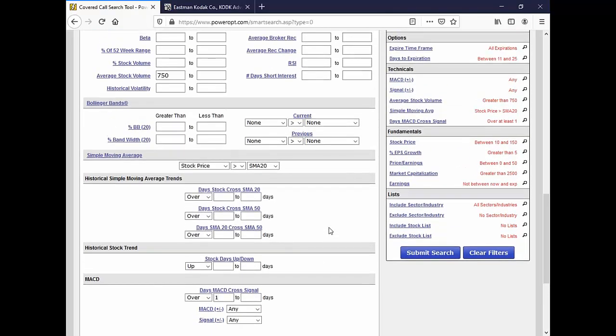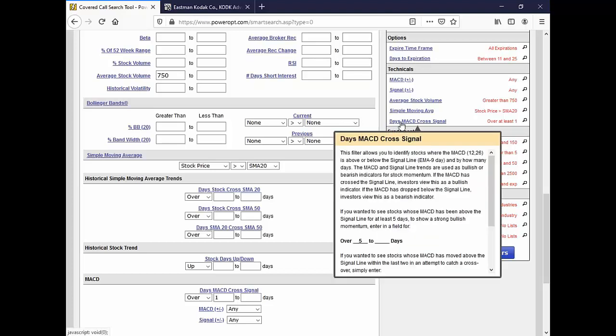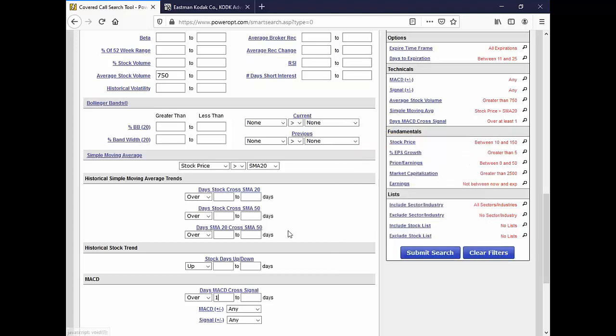So earnings per share growth, maybe a price to earnings ratio, good market cap, avoiding earnings with these income strategies, positive MACD cross signal, stocks above the 20-day moving average, good average stock volume. Those are probably the most important, I feel, for fundamentals and technicals to start.